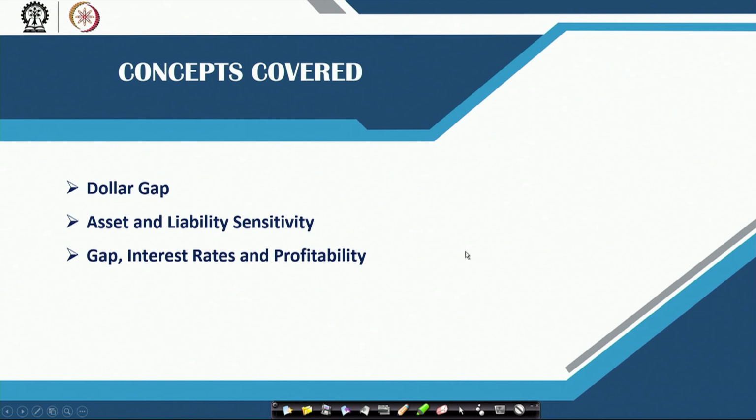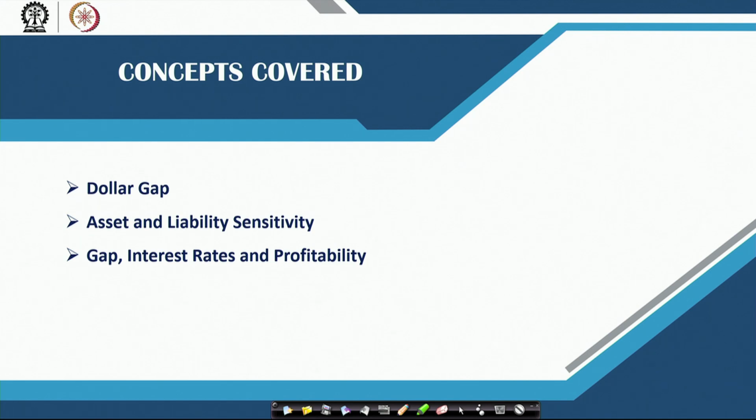So, in this context today we will be discussing a concept called dollar gap analysis. Today what we are going to cover is basically the concept of the dollar gap and how the dollar gap is used for managing interest rate risk in commercial banking.